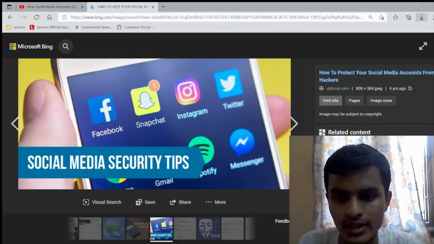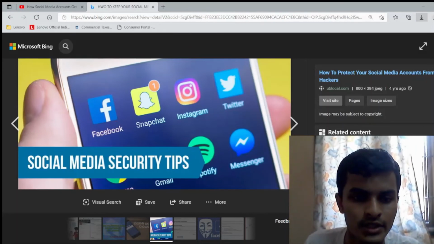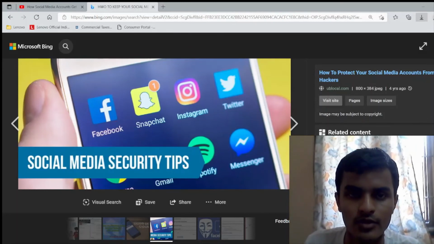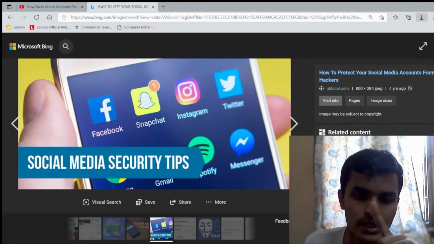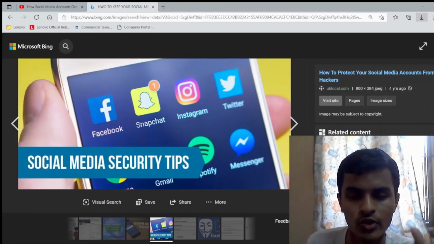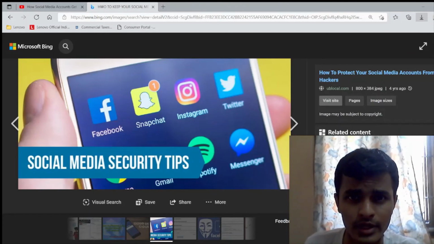So here is the thing: social media security tips. Nothing much from my side, I'll tell you simple things, not very complicated. First is to secure your password. Your password should be strong enough to secure your account, whether it's Instagram, Facebook, or anything.